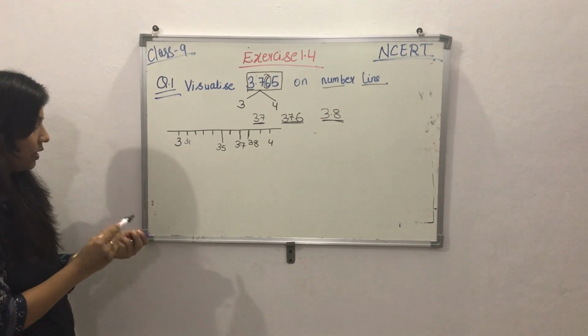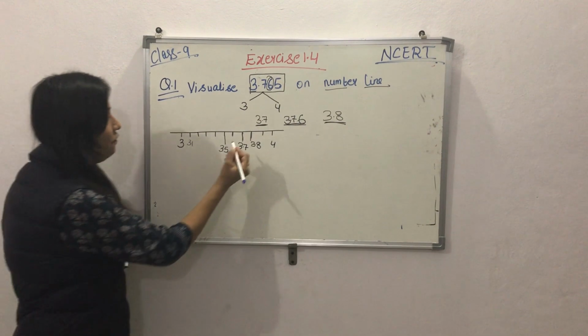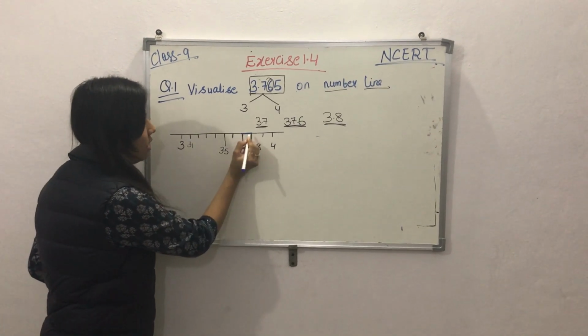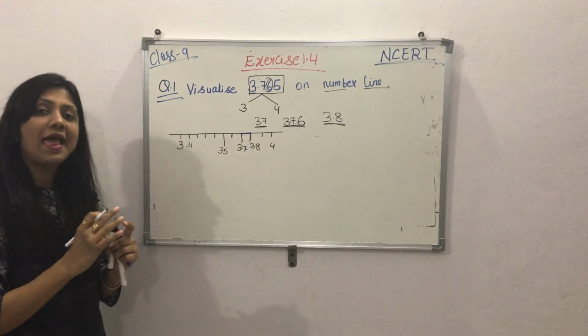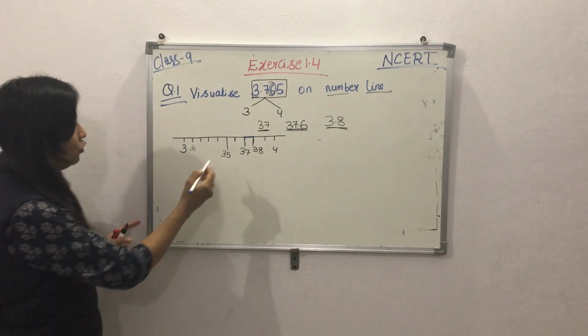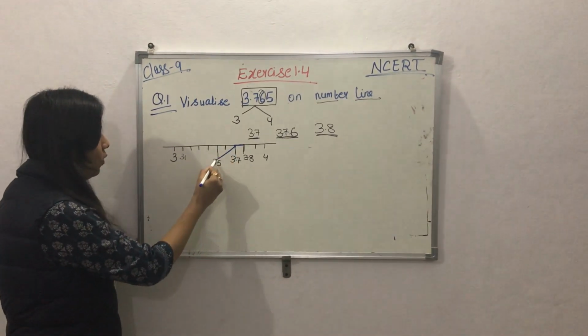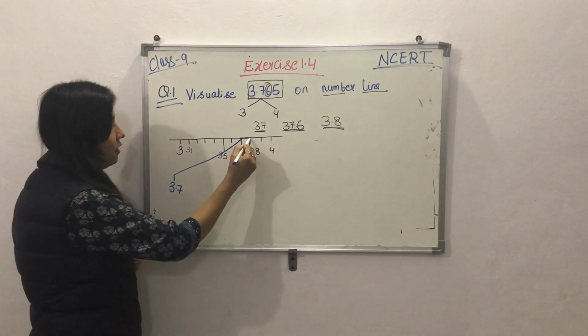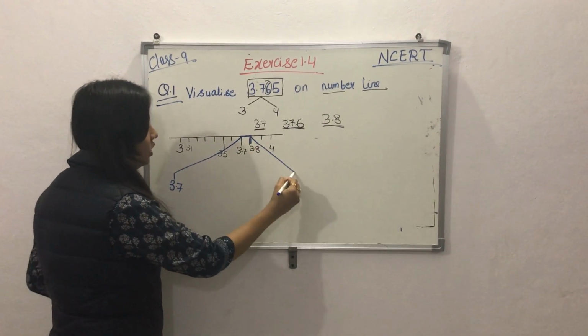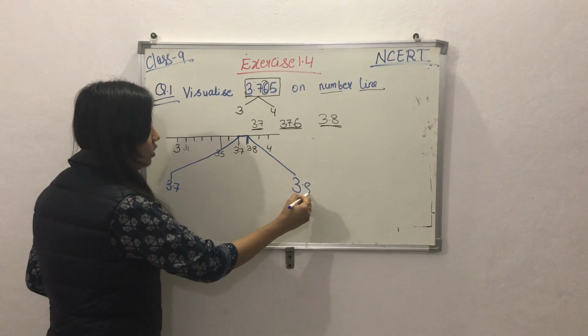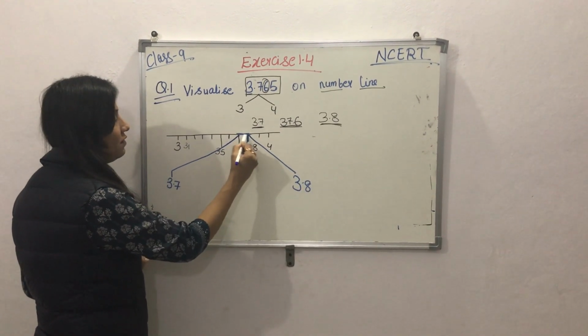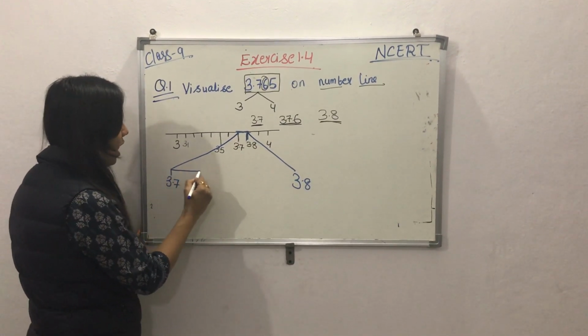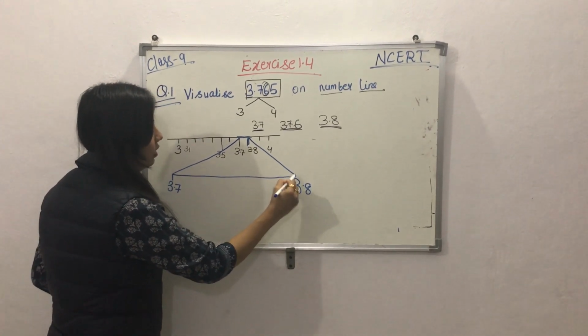I will magnify this part. I will magnify means I will enlarge this part. So suppose this is my 3.7 and suppose this is my 3.8. So the line between 3.7 and 3.8 I am magnifying.